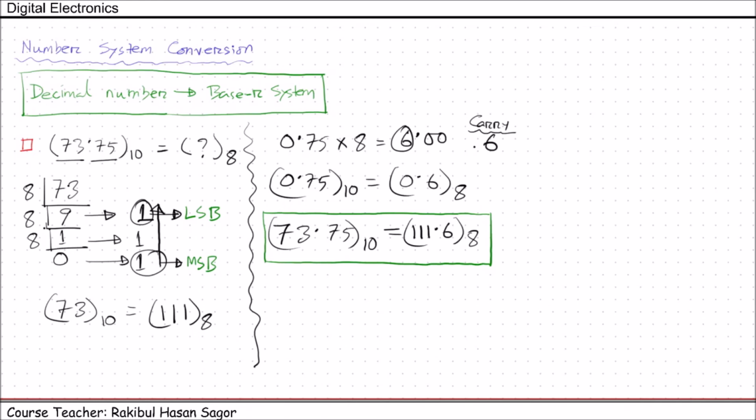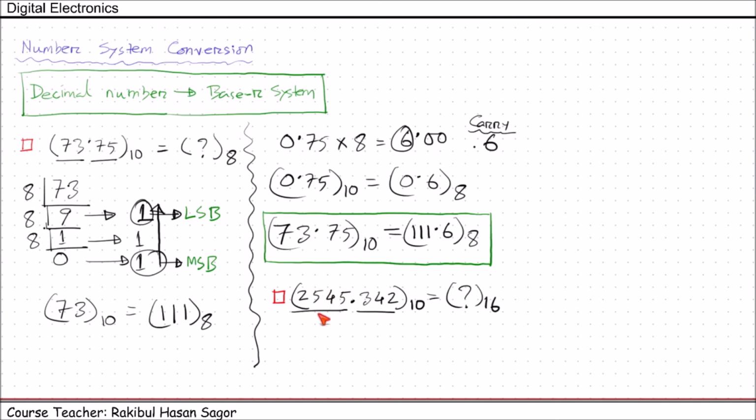Let's see another example where we will convert a decimal number to hexadecimal system. Suppose we want to convert 2545.342 decimal to hexadecimal. Here we have integer part and fractional part.